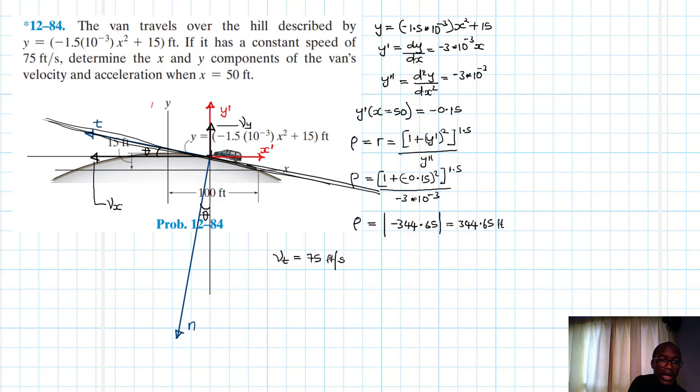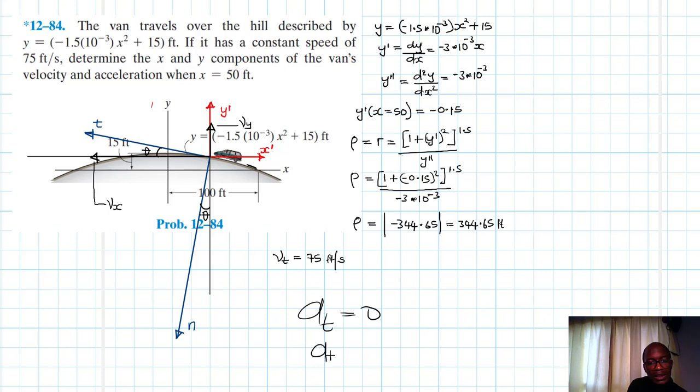But along the n-axis, we have what we call centripetal acceleration, or center-seeking acceleration, acceleration that seeks the center of the radius of curvature. The tangential acceleration is 0 because our velocity is constant.